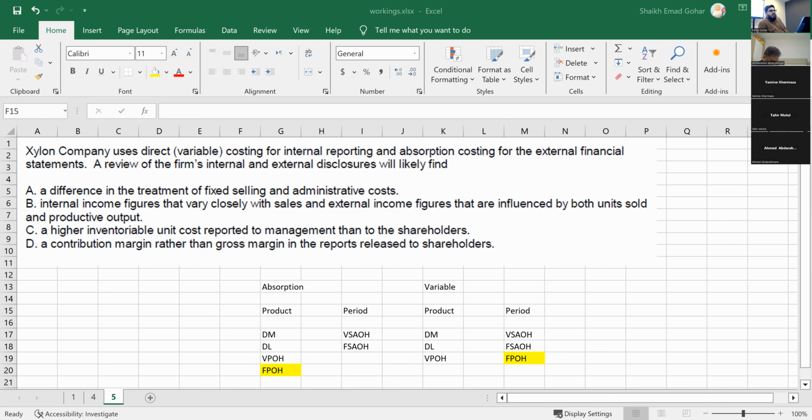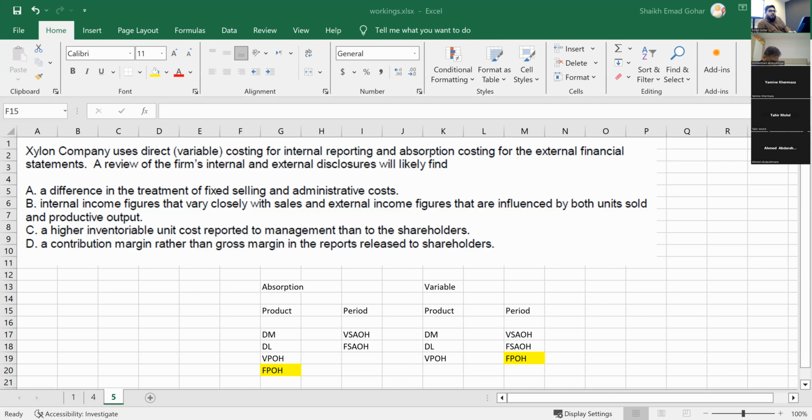What is the income under variable costing, what is the income under absorption costing, and we reconcile it. What is the formula for reconciliation? Can anyone tell me? Increase or decrease in inventory, very nice. Multiply by what?